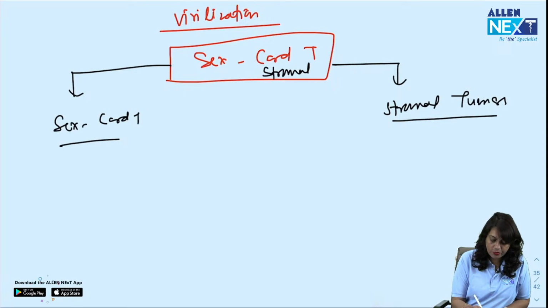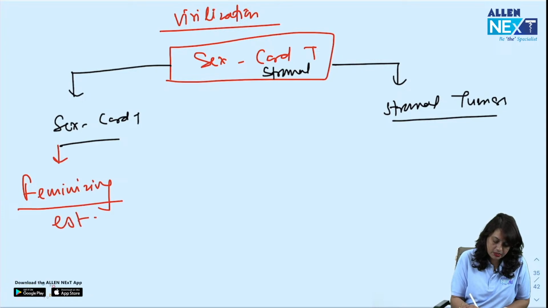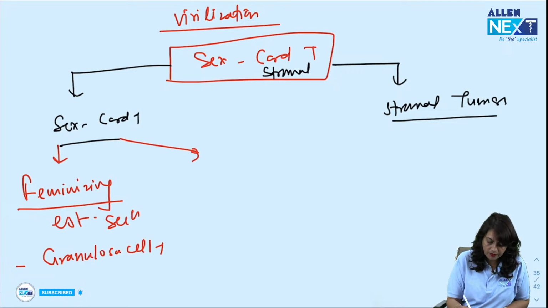The sex cord tumors can be feminizing, meaning estrogen secreting, that is granulosa cell tumor, or it can be virilizing.